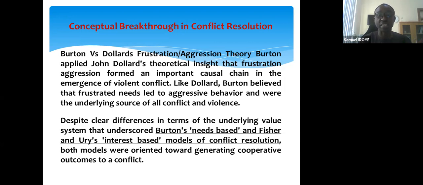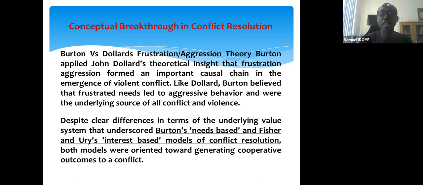What he's trying to say is that no conflict can emerge without frustration. According to this theory, it is frustration that makes people aggressive. When there is no frustration, people will not be aggressive, and when there is no aggression, there will not be conflict.